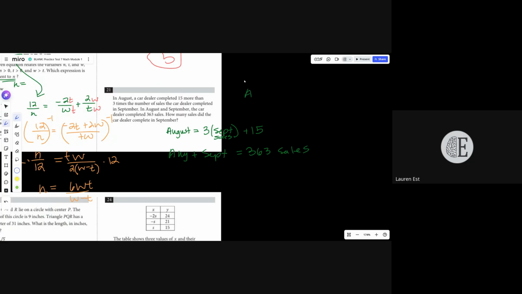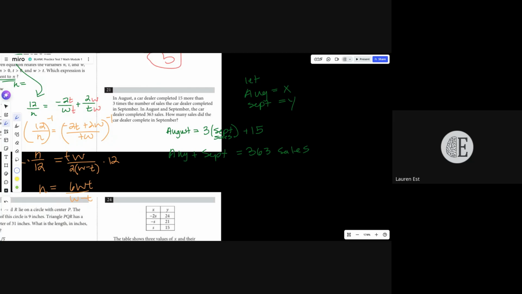I'm going to let August be equal to X, September be equal to Y, and then I'm putting this in Desmos. I don't want to deal with doing that by hand. So this is going to be X equals 3Y. I know you can't see this. I'm doing it in a different tab. X equals 3Y plus 15 in Desmos. And then I'm going to do X plus Y equals 363 and look at where they intersect.